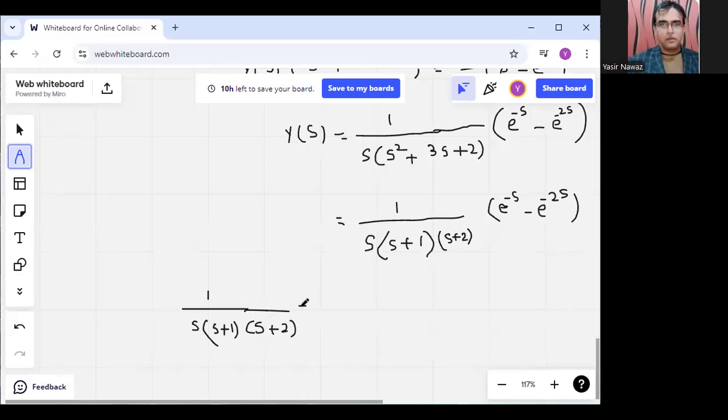So this can be written as, I write this directly, 1 by 2 over s, and then minus 1 over s plus 1, and then the last term is half over s plus 2.